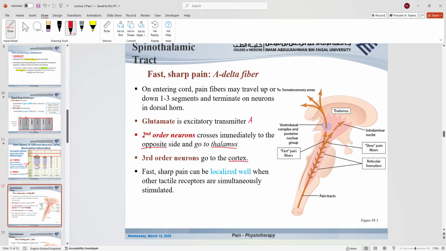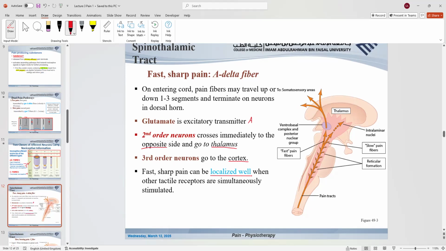You can actually localize the fast pain quite well. But when will you be able to localize it well? When the surrounding touch receptors are also stimulated. Tactile means touch. So whenever there is a mechanical damage, for example, if there is a cut in the finger, the mechanoreceptors at that site are also stimulated, of course, because they have felt this sharp touch.